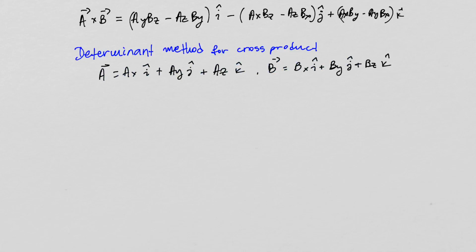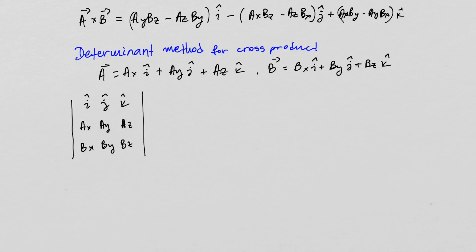So again, I start with my 2 vectors A and B written in unit vector notation, and then using the unit vectors and the components of each vector, I'm going to write a 3x3 determinant that looks like so. On the first row of the determinant, I place the unit vectors in order: i hat, j hat, k hat.